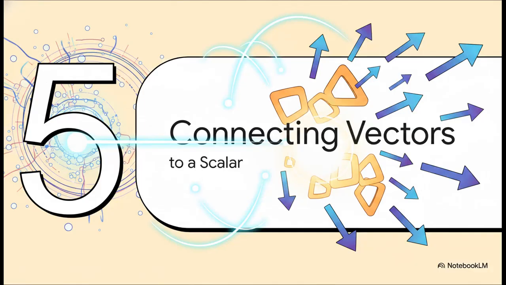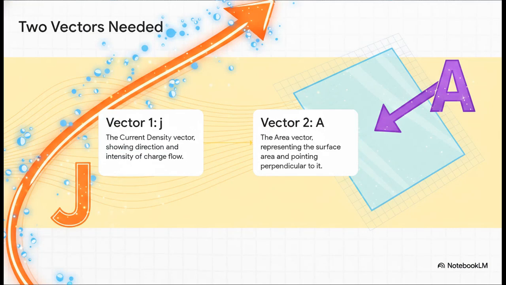All right, so we have this scalar I and this vector J. How do they actually relate to each other? Well, this is where the math gets really elegant and ties this whole paradox up with a neat little bow. It turns out, to get our scalar current, we actually need 2 vectors to play with.